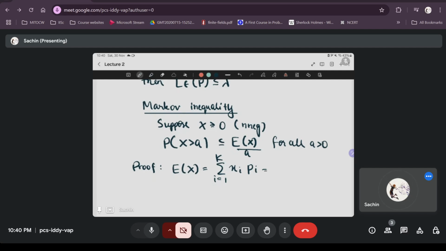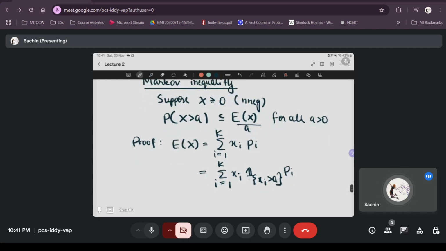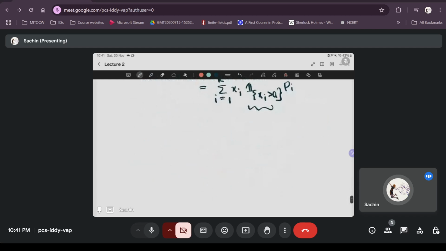So this you can split into two sums. The first sum is over the set of all outcomes which are greater than a quantity A, and that I isolate by using an indicator function. This indicator function will be equal to 1 if xi is greater than A, and equal to 0 otherwise.